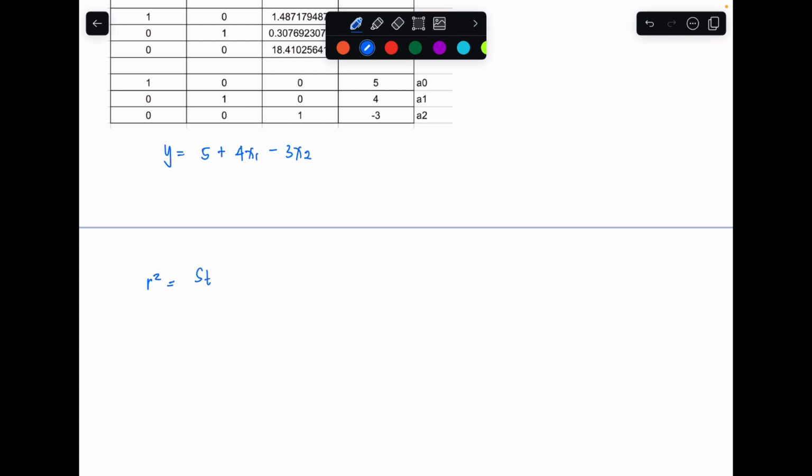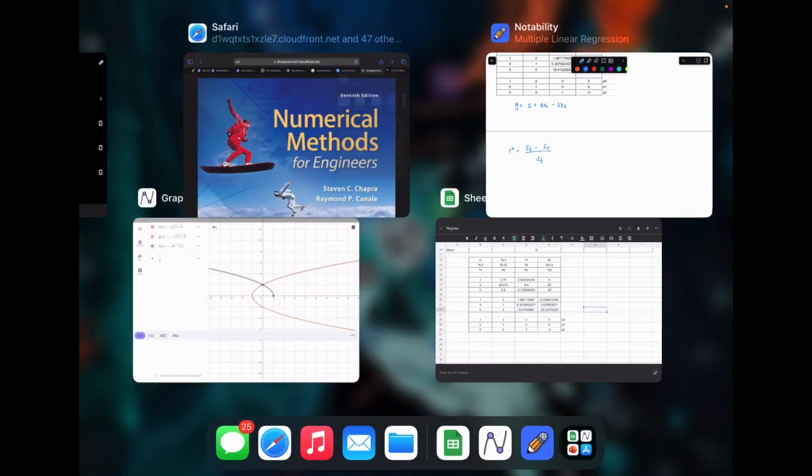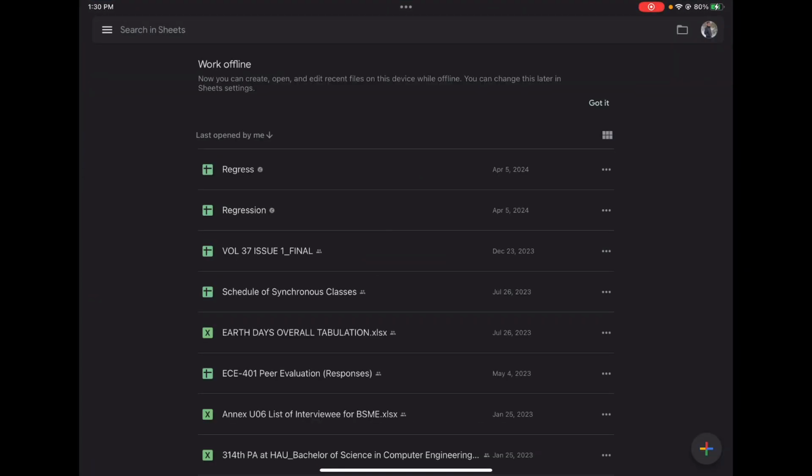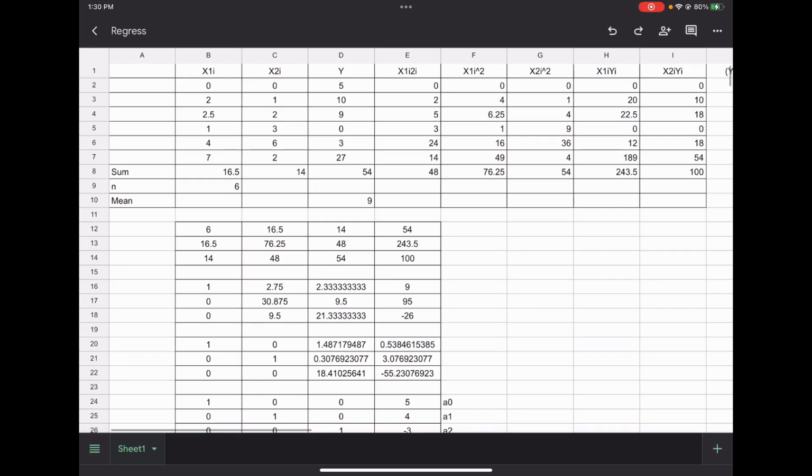So using the mean for y, and then the residual from the regression line over S sub t. So to find S sub t and S sub r, we can find that by getting this.